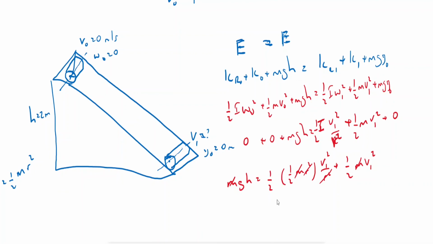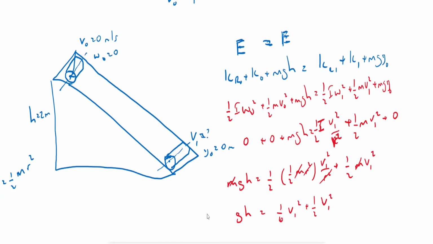This is gh equals 1 over 4 v1 squared plus 1 over 2 v1 squared.